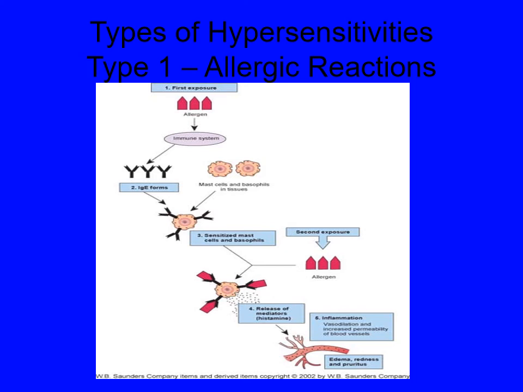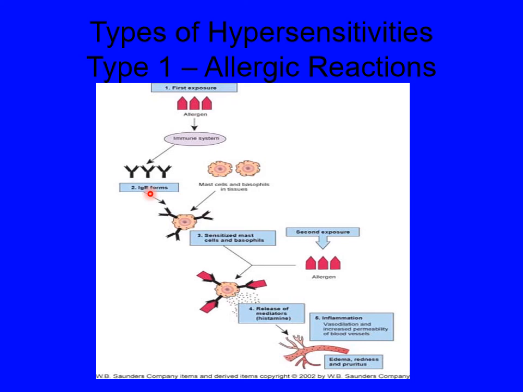And type 1 allergic reactions, these are involving an antibody that's called IgE. And what you see here is walking you through what happens with a type 1 infection. The allergen comes in, the immune response makes IgE, and remember this comes from B lymphocytes.